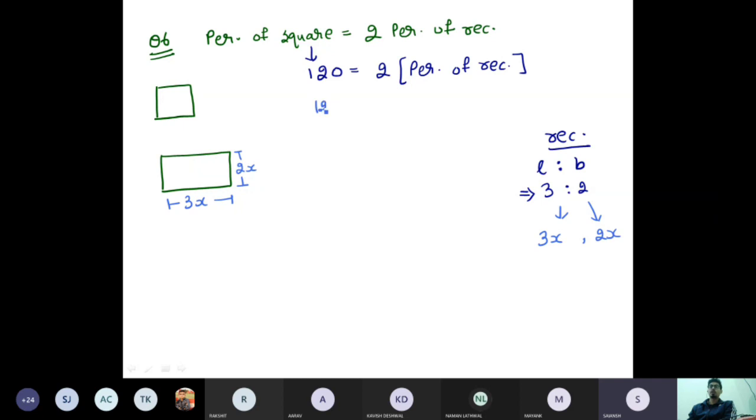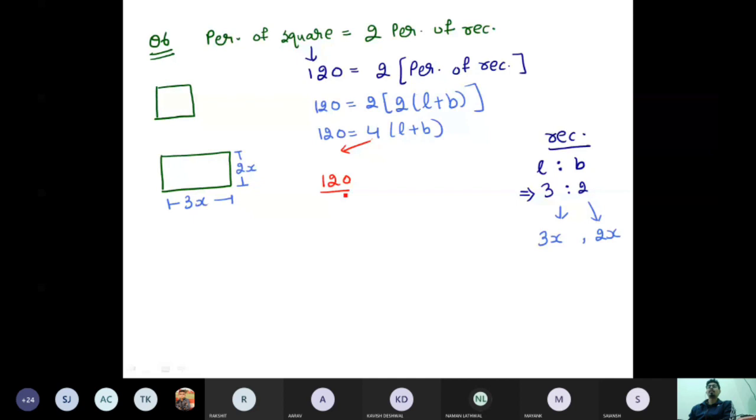See, this 120 as it is, this 2 as it is. Perimeter of rectangle is how much? 2 into (length plus breadth). So this will be 120, 2 into 2 is 4, times length plus breadth. 4 is in multiplication. When it goes there, it will be in division.